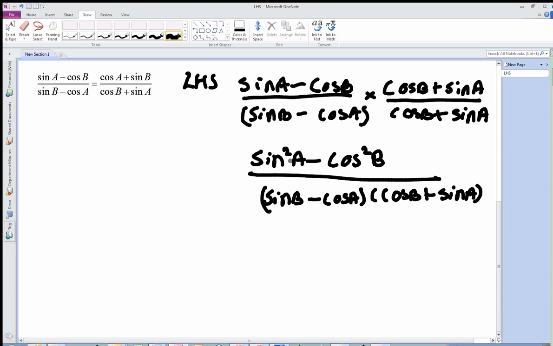So what I'm going to look for is something on the top line that factorizes with something on the bottom line. At the moment this one's an A and that's a B, and this one's a B and that one's an A. They're round the wrong way.